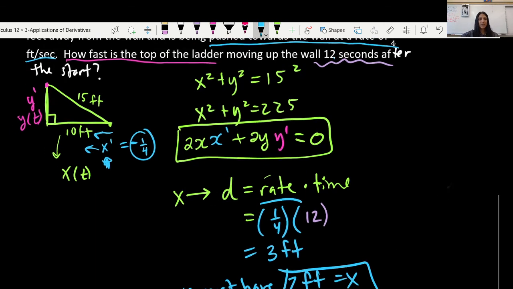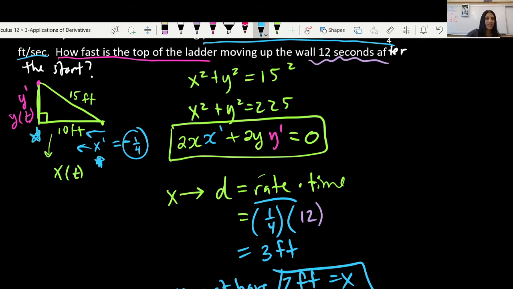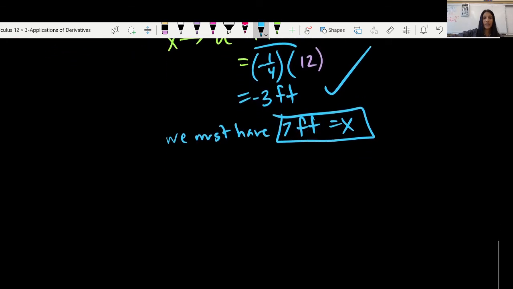So to put this into perspective, up here in the diagram, we started with 10 feet, and through our calculation here, we found that the rate times time ended up giving us 3 feet, so it must have moved in 3 feet. I guess I could have done negative because we are taking off that 3 feet. So we end up with 7 feet for our x value. So I'm going to put that in the box so we can use it.